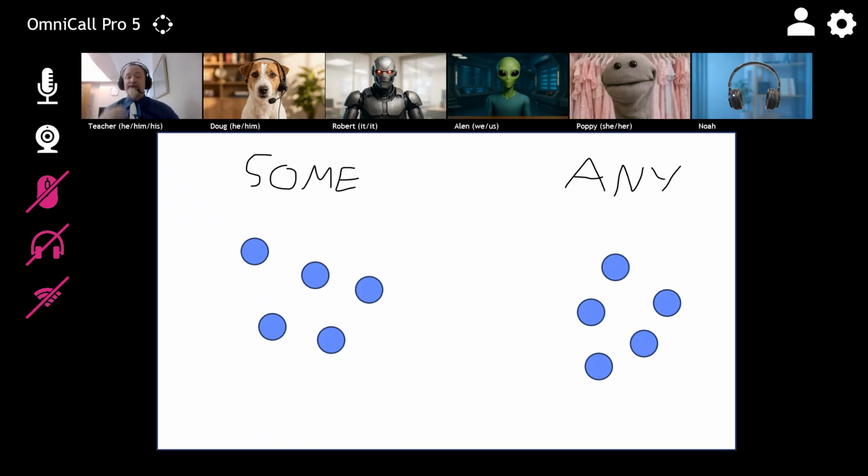Okay, when we use some, there is the group, but inside that group are smaller groups. There is a group for yes and a group for no. So you can see here, there is the entire group of things that we're talking about.